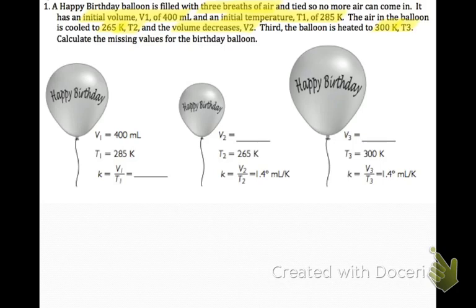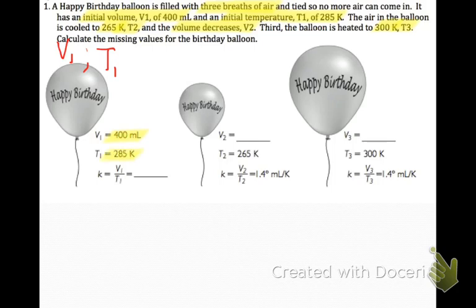So take a look at the balloons. It's filled with 3 breaths of air, and the volume initially, so this is our V1 at a certain temperature, and this is the initial state. The volume is 400 milliliters, and the temperature is 285 Kelvin.